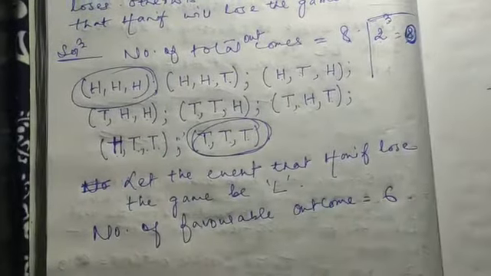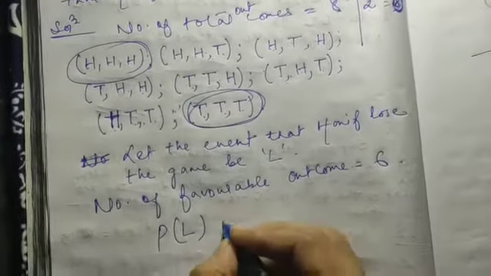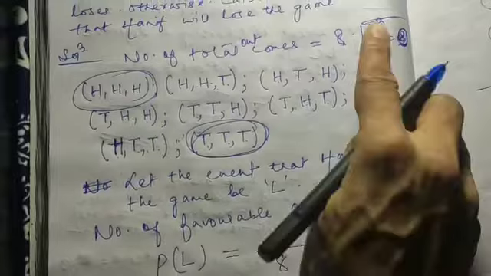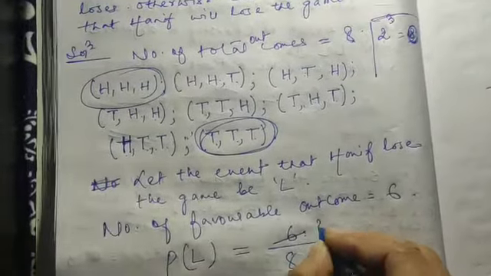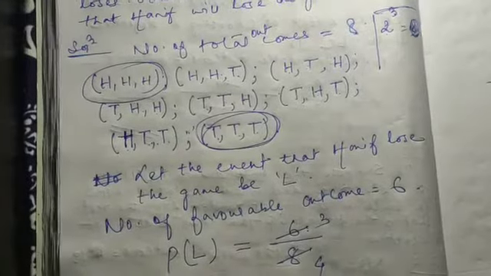So the probability of losing the game, P(L), is equal to favorable outcomes 6 over total outcomes 8. Done? So 6 by 8, 2 3s are 6, 2 4s are 8, 3 by 4 is the answer.